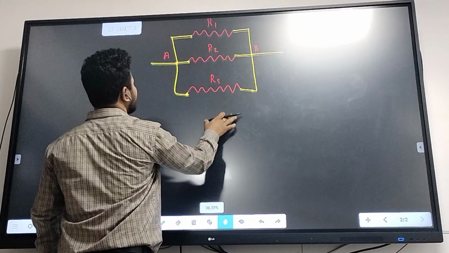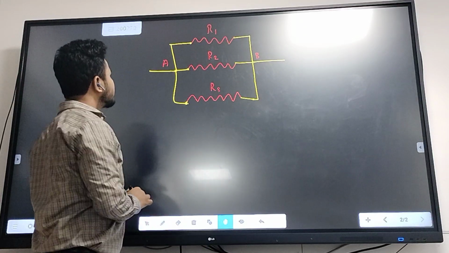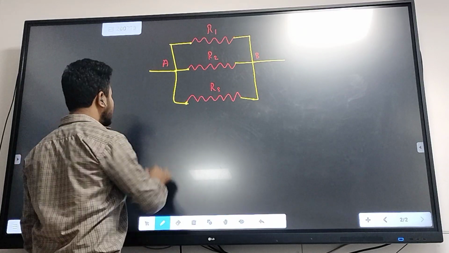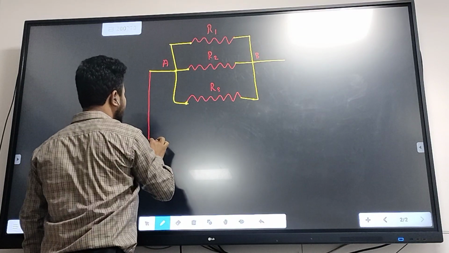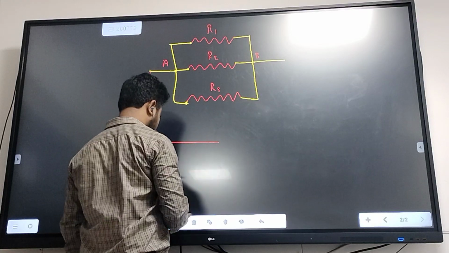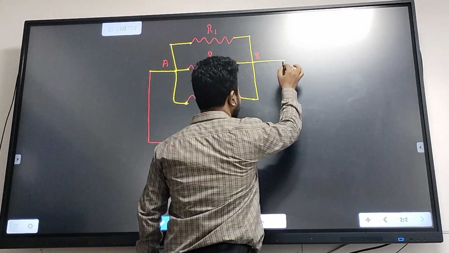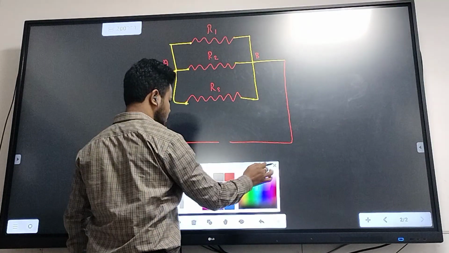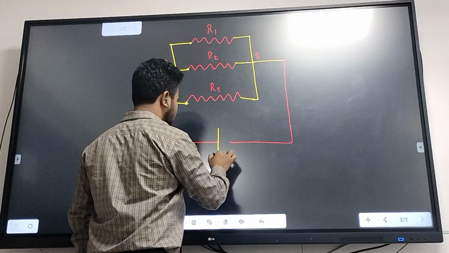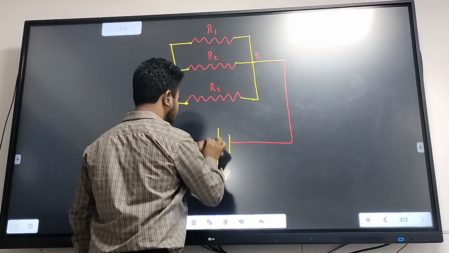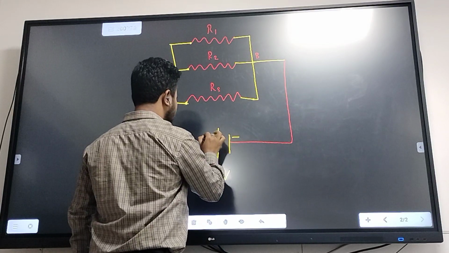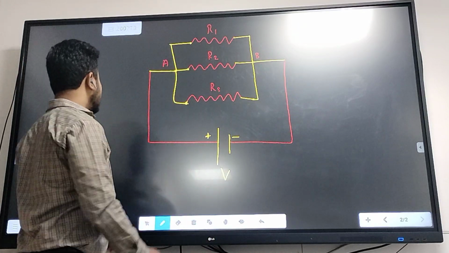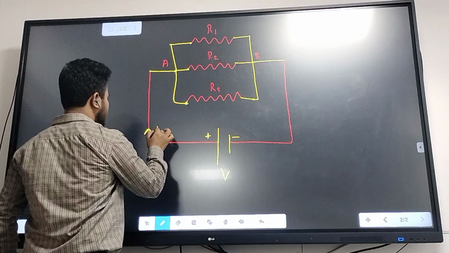To close the circuit, we apply a voltage V, plus and minus, so a potential difference. When you apply a potential difference, the current will start to flow.